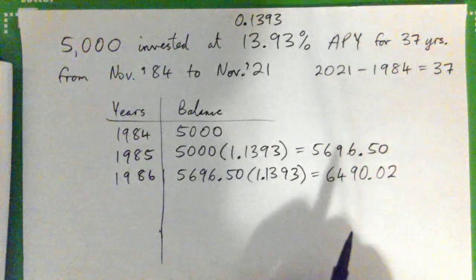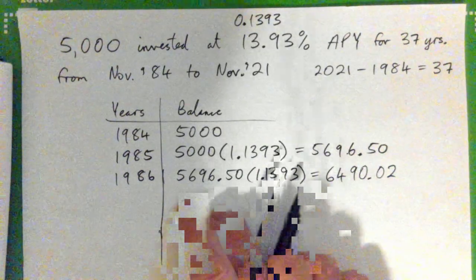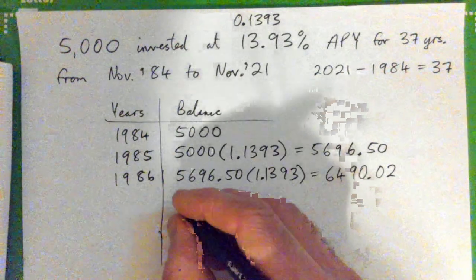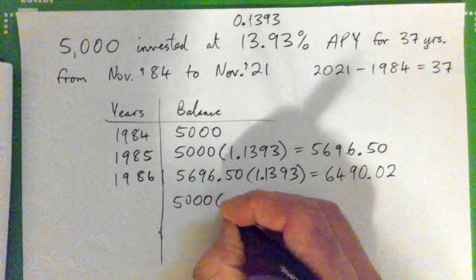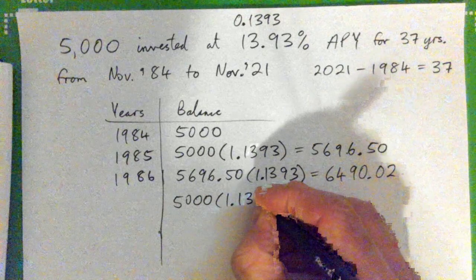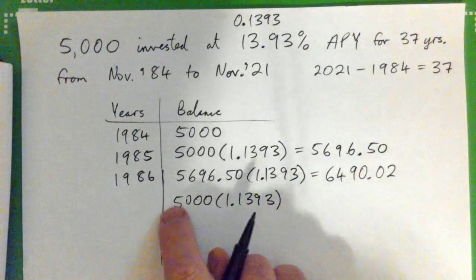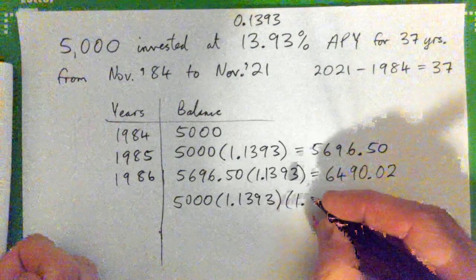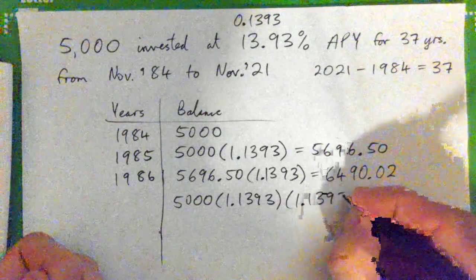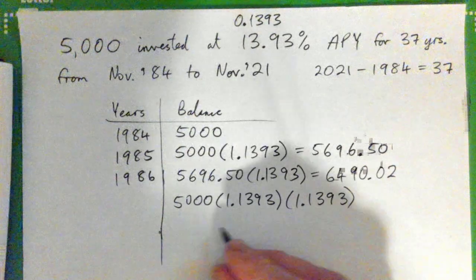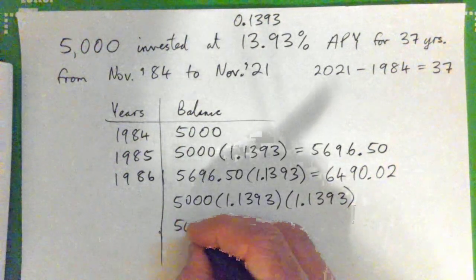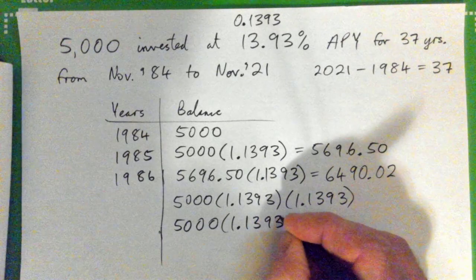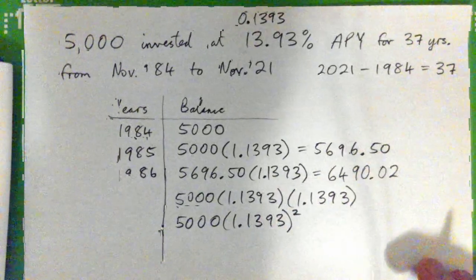So let's get our compound interest formula going. And again, we can remember, for 1 year, you go 5,000 times this. That was for 1985, 1 year. For 1986, you just do it again, times 1.1393 again. So 2 years later, it's going to be the compound interest formula like this, 1.1393 to the power of 2, right?